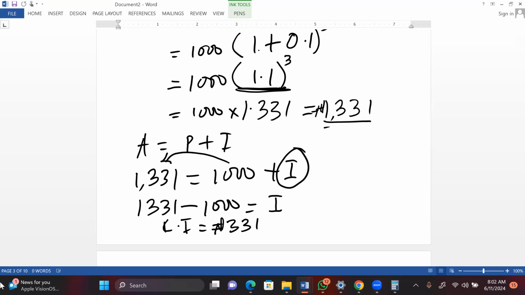So you just subtract the 1,000 naira, and that means 331 is now the interest. For example, you drop 1,000 into your bank account today, and then tomorrow you have 1,331 there. So the 331 on it is the interest. That is when they ask you to find the interest. But when you are asked to find the amount, this is what you're going to have.